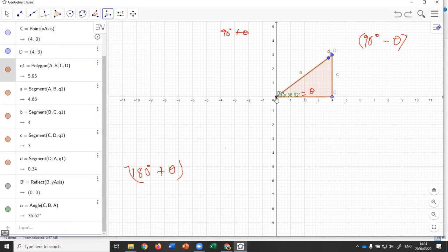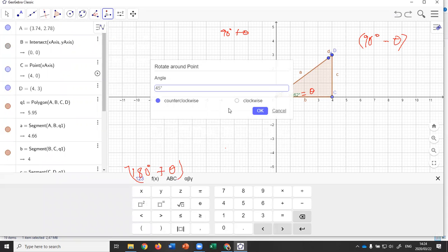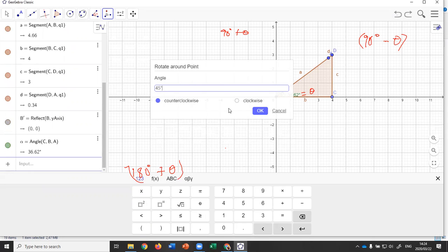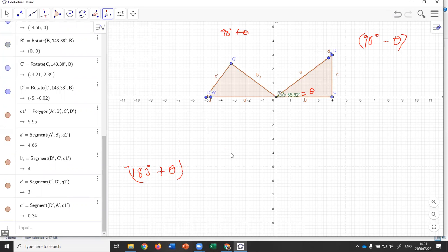There's my figure. And what must I punch in? 180 minus theta, we have established, should give me 143.38 degrees.